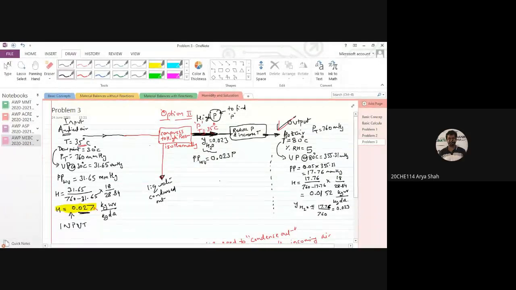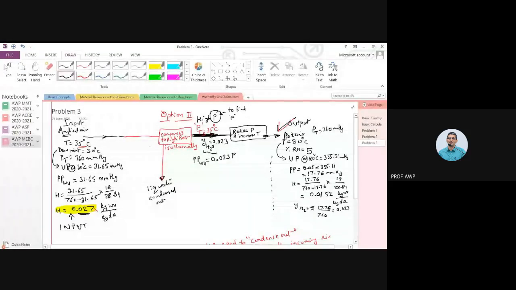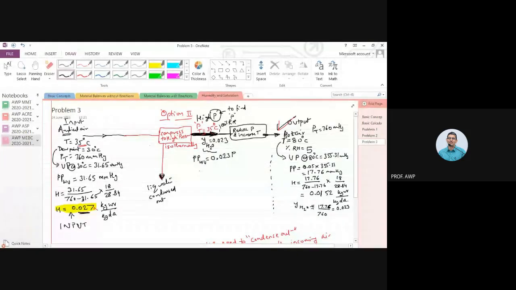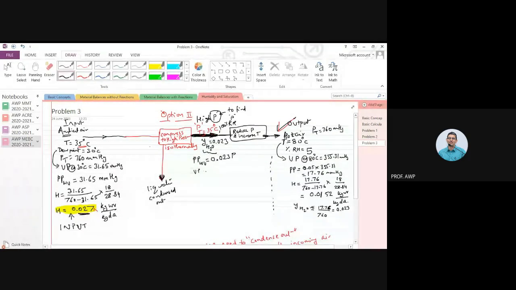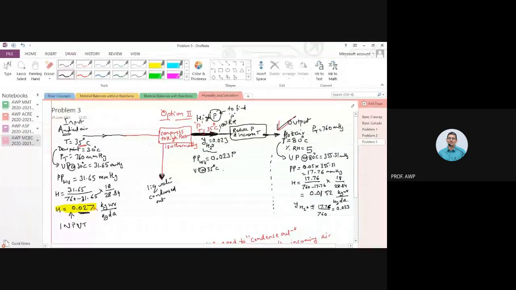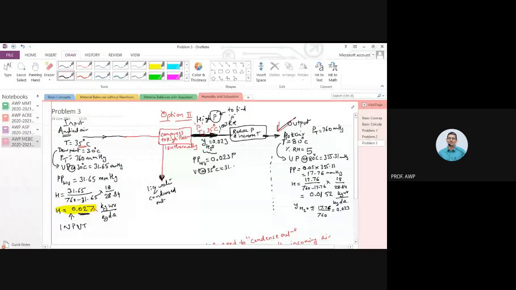Yes, sir. And because the air is coming out after the compression, from which liquid water has been condensed out, this air would have 100% relative humidity. That means if I find vapor pressure at 35 degrees centigrade, which is 31.65 mmHg.